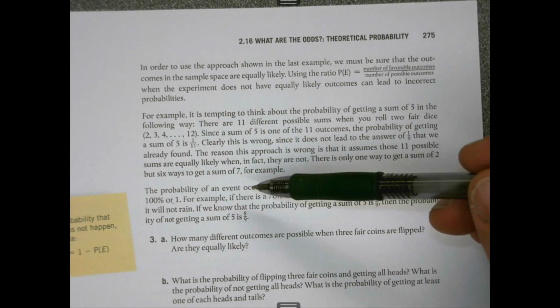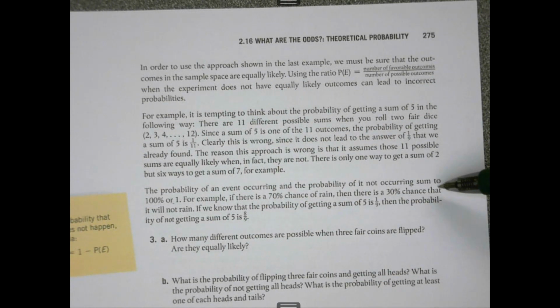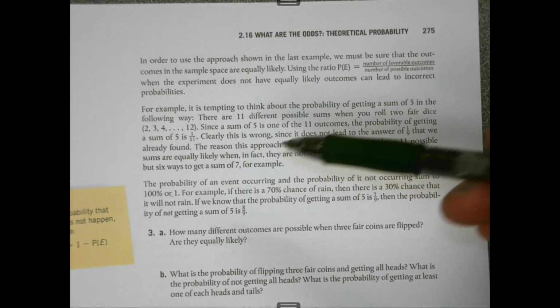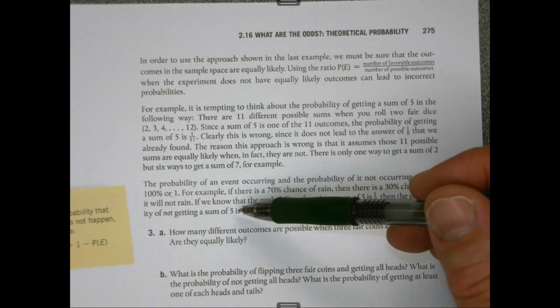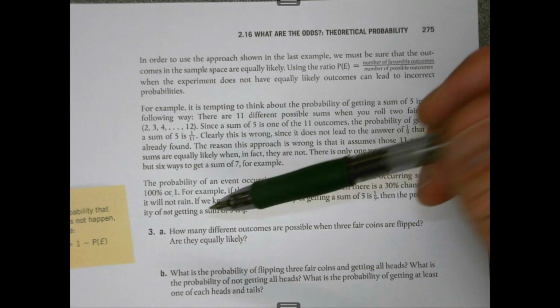How many different outcomes are possible when 3 fair coins are flipped? Are they equally likely? Okay, we're going to do this just like they did with the chart.